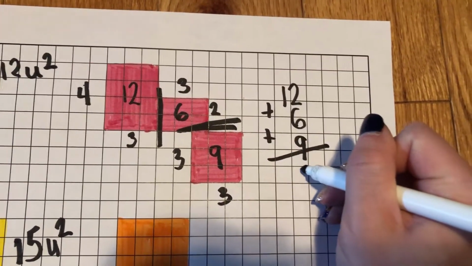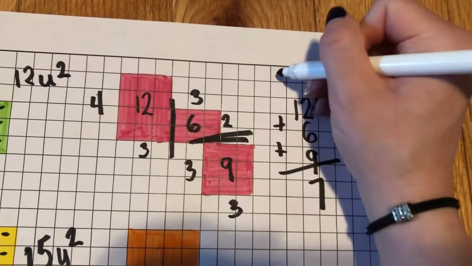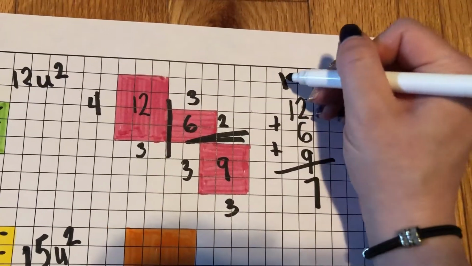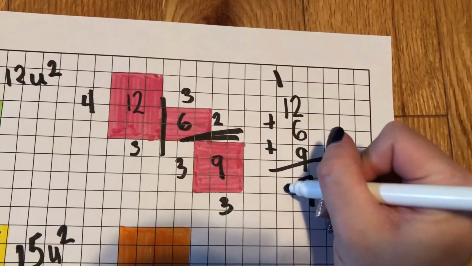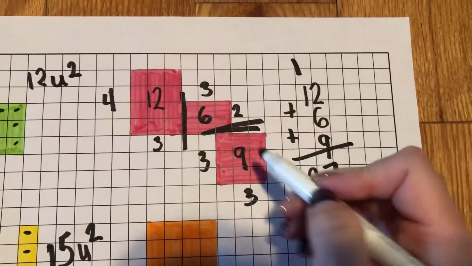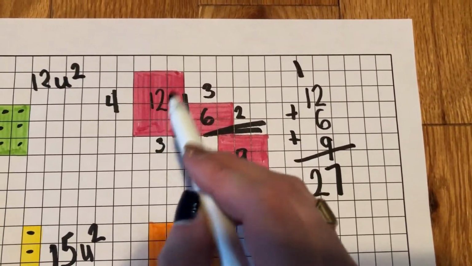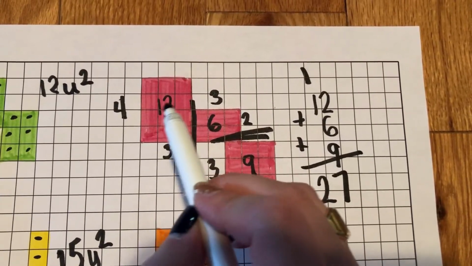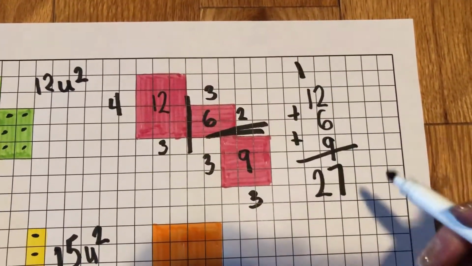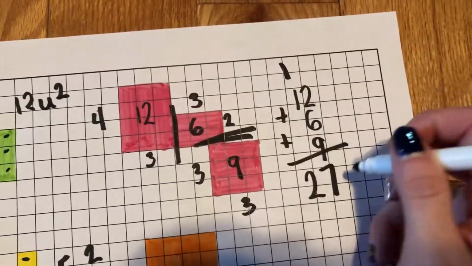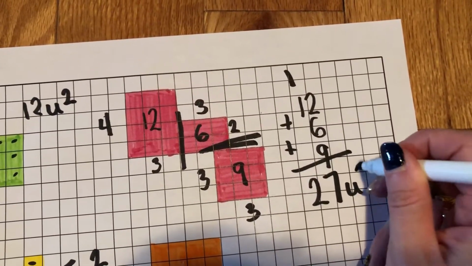We know that's too big for the ones place, so we'll leave the 7. We'll carry the 1. 1 plus 1 is 2. So my answer is 27. There's 27 blocks or little tiny squared cubes inside the shape, which means that my answer is 27 units squared.